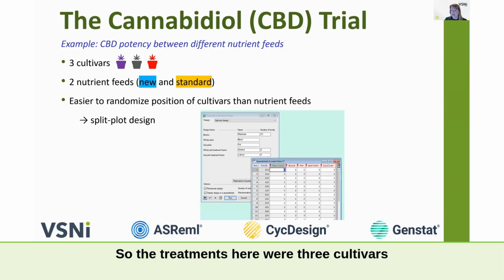So the treatments here were 3 cultivars by 2 nutrient feeds. And when we discussed the design, it became very clear that it was far easier to randomize the position of the cultivars in the grow house than it was the nutrient feeds. So I proposed a split plot design.